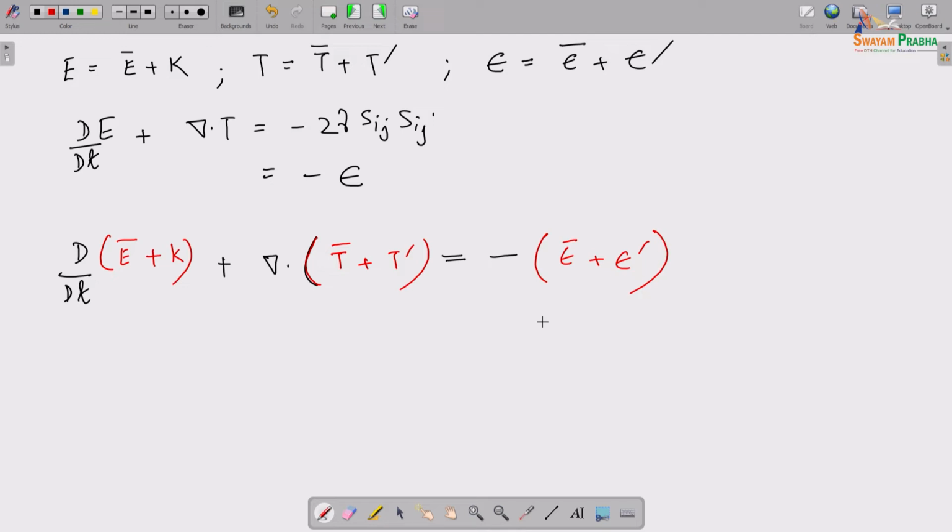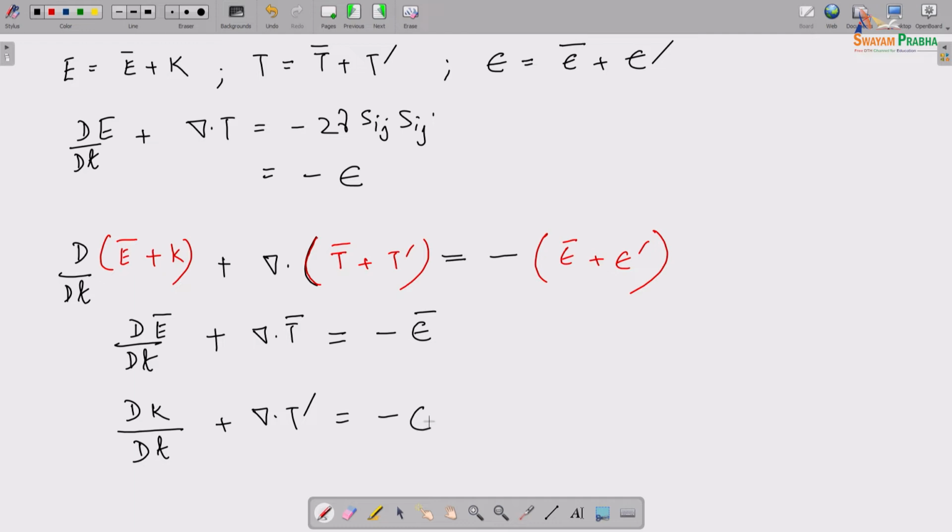Then I get those two equations which we wrote down last time. So d dt of the mean this, and then we write that.